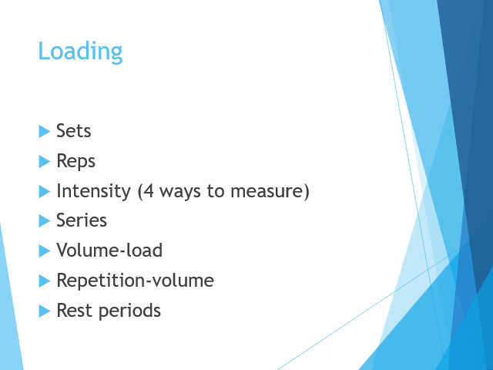And then your rest periods. Rest periods get to be important because when you're working on different adaptations, you have to have appropriate rest between attempts. For strength and power, they recommend typically between 2 and 5 minutes between sets. For hypertrophy, anywhere from 30 seconds to a minute and 30 seconds, and for endurance, less than or equal to 30 seconds.